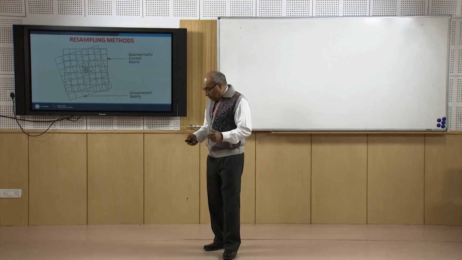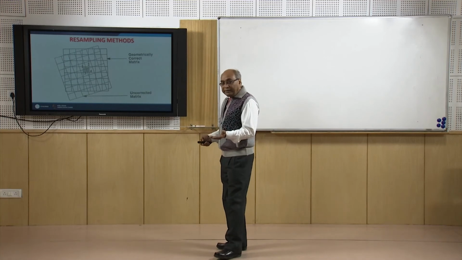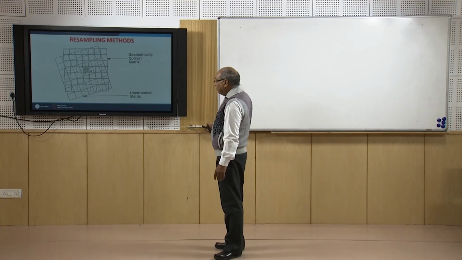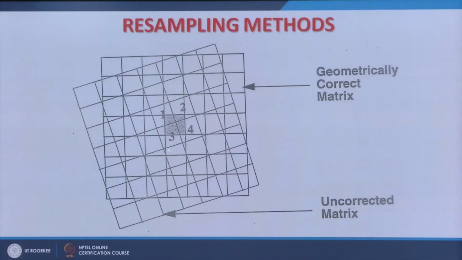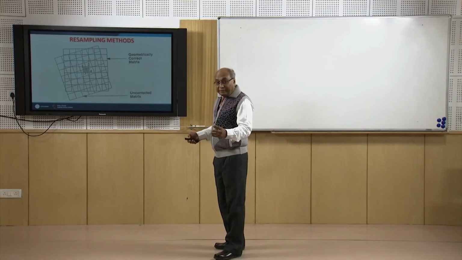On that I will come a little later, but let us discuss the third resampling technique, and that is cubic convolution. Instead of involving 4 pixels, now a 4 by 4 matrix, all surrounding pixels, even the far distance pixels, will be used in a distance weighted average.